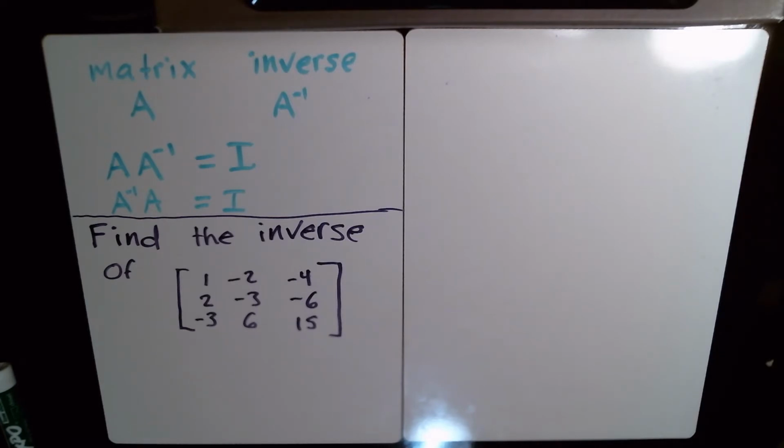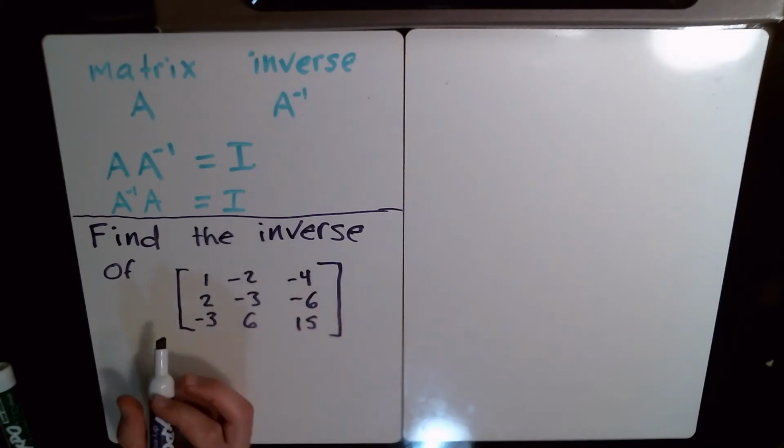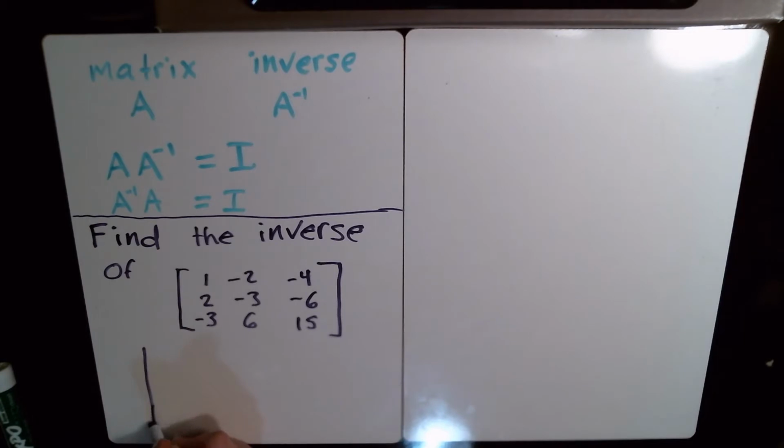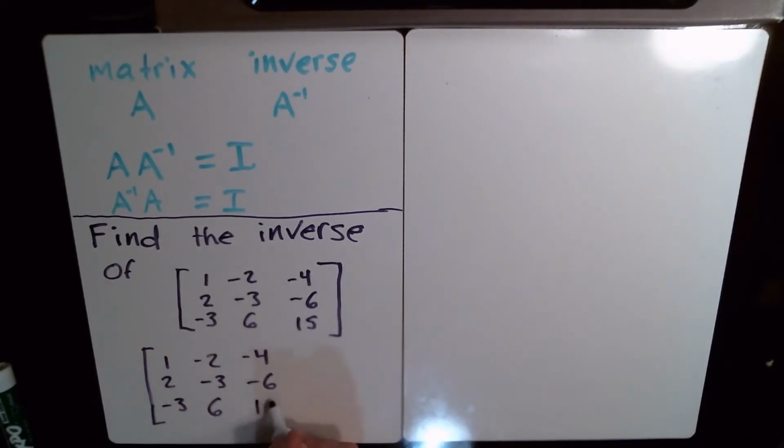So how you perform this algorithm is, you're going to take your original matrix, okay? So I'll take my original matrix here. Okay, so that's my matrix.